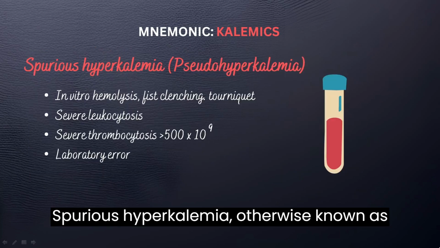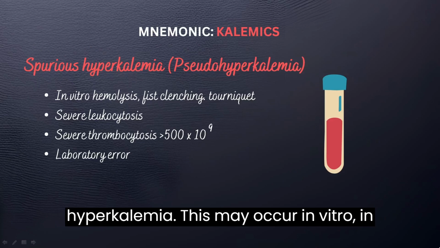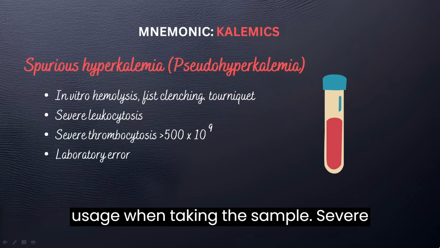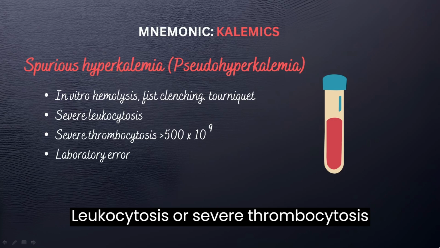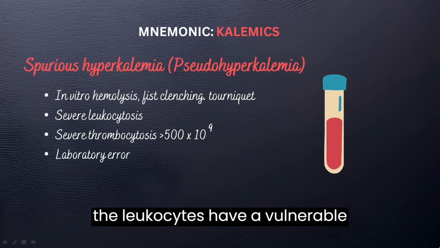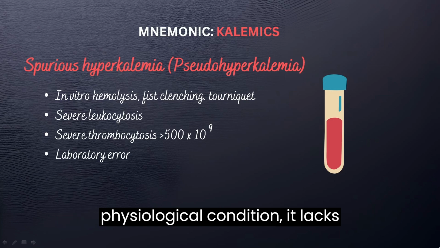Spurious hyperkalemia, otherwise known as pseudo-hyperkalemia, is a false hyperkalemia. This may occur in vitro in hemolysis, fist clenching, or tourniquet usage when taking a sample. Severe leukocytosis or severe thrombocytosis may also lead to pseudo-hyperkalemia. So the leukocytes have a vulnerable membrane because it is not in a normal physiological condition.